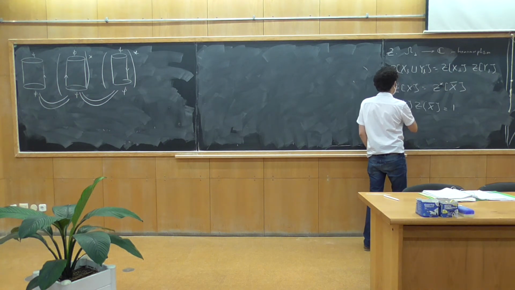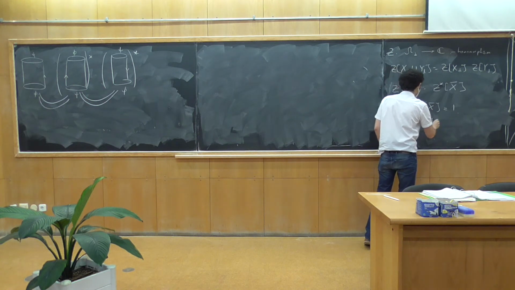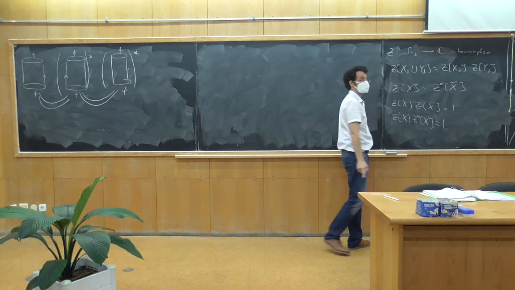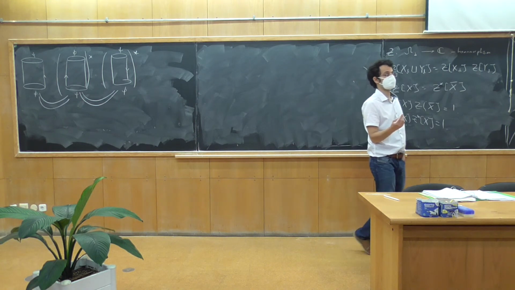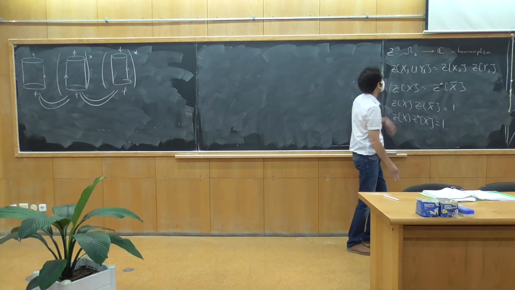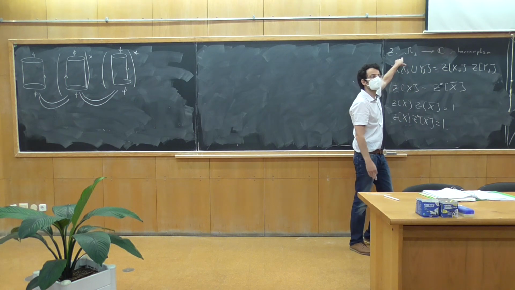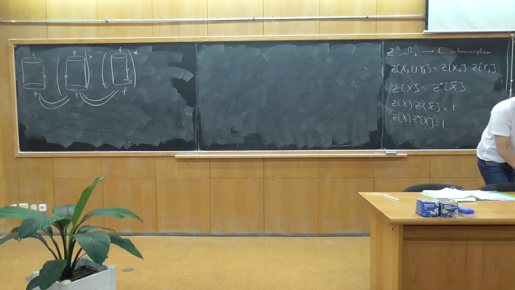So Z of X times Z star of X is equal to 1, so Z has to be a phase. So this comes back to your question last time, why phases? So this is one reason. Of course, the much better question would be why bordism invariant? And maybe next time we'll talk a little bit about it.